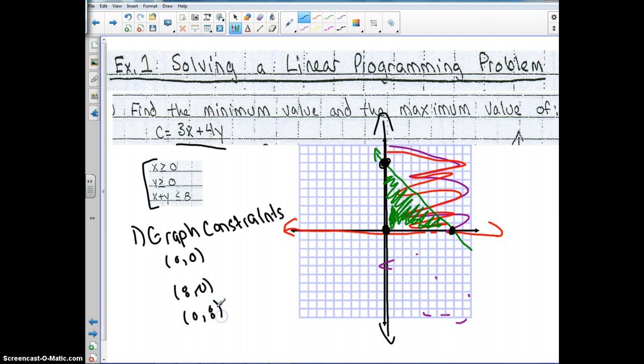Now I want to find out which of these gives my minimum or maximum value of my objective function right here. All I have to do is plug each of these points into this equation to get a specific value. So I do C equals 3 times 0 plus 4 times 0, and I get C to be 0.